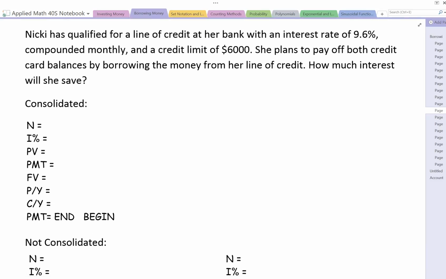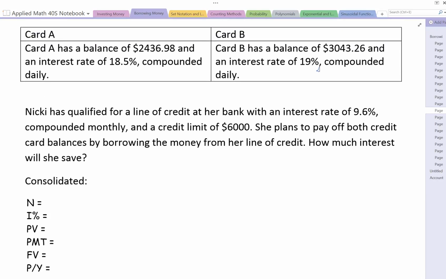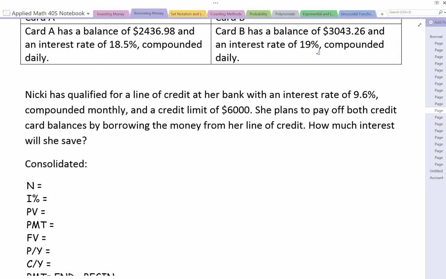So consolidated means you take all of your debt and put it together. So in this case, we would take the $2,436.98 plus the $3,043.26, and putting that together we get $5,480.24.